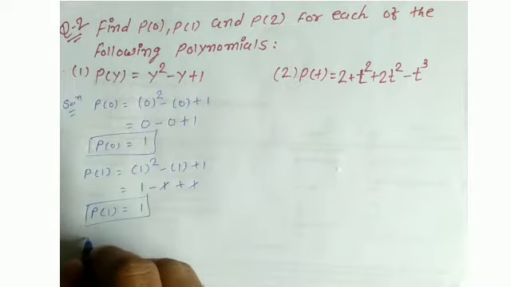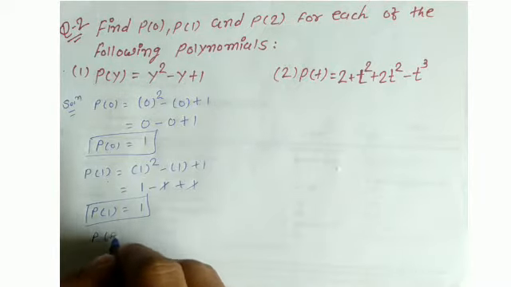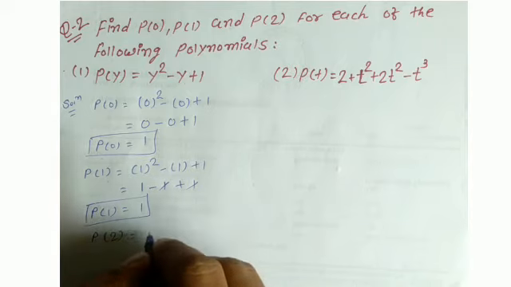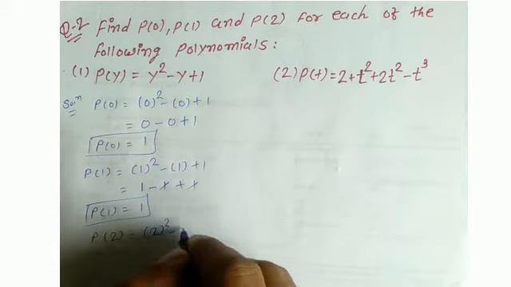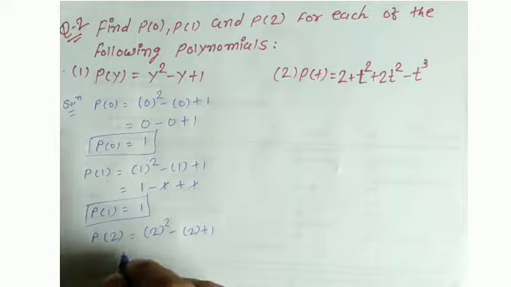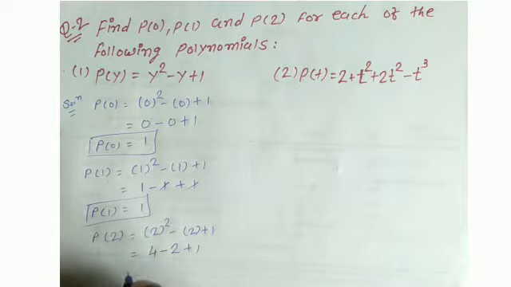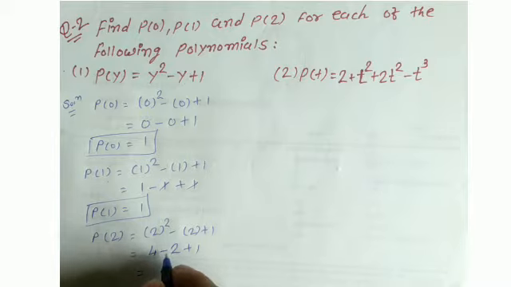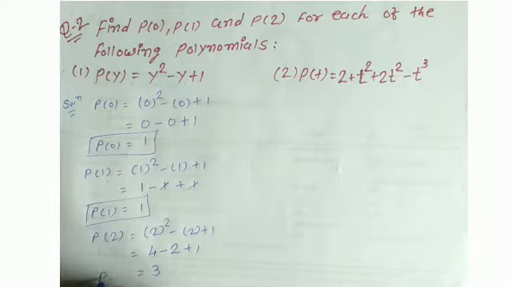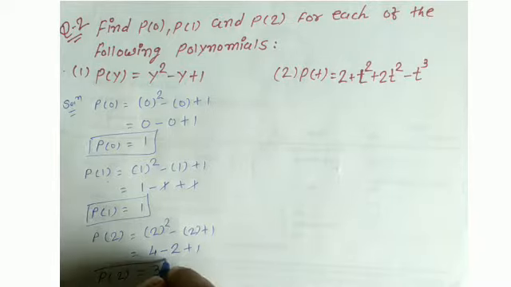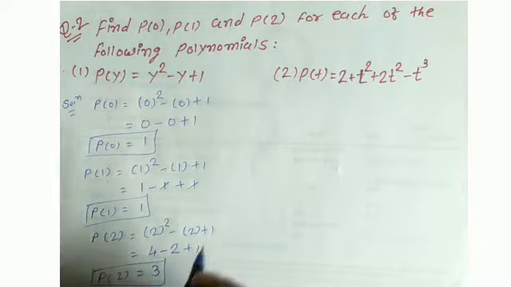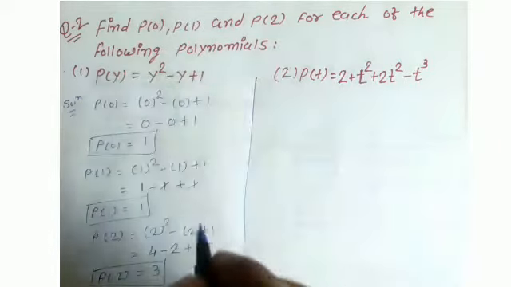Now p of 2 is equal to 2 square minus 2 plus 1. 2 square is equal to 4 minus 2 plus 1. So 4 minus 2 is equal to 2 and 2 plus 1 is equal to 3. So our answer is p of 2 equal to 3.